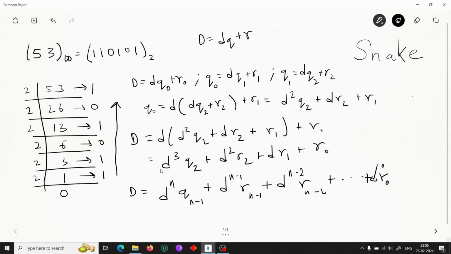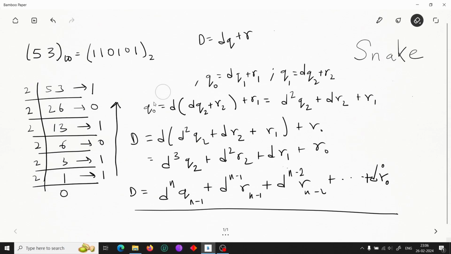Okay, this is the most general form of the equation that we'll achieve. Now I'm going to erase this upper part here.